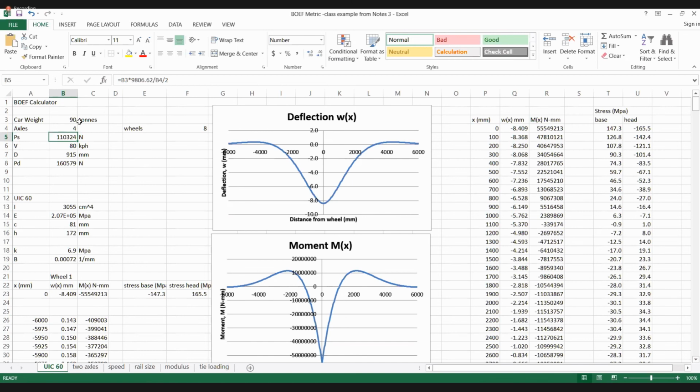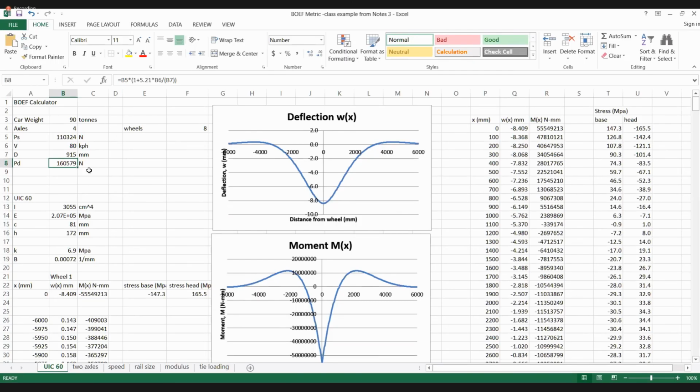So basically what I did here is I converted tons to kilonewtons to newtons, divided by 4 axles, 2 wheels per axle, which gave me my 8 wheels. And then I apply the ARIMA formula, 1 plus 5.21 times my speed, 80 kilometers per hour, over my wheel diameter, 915 millimeters, multiplied by the static wheel load.